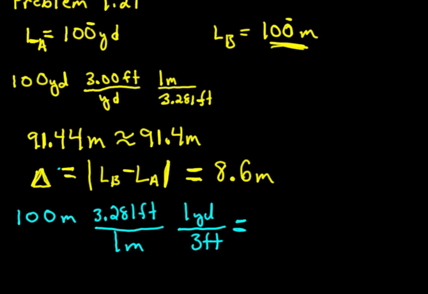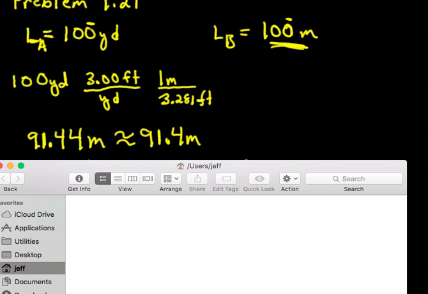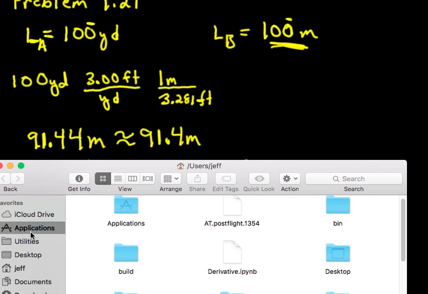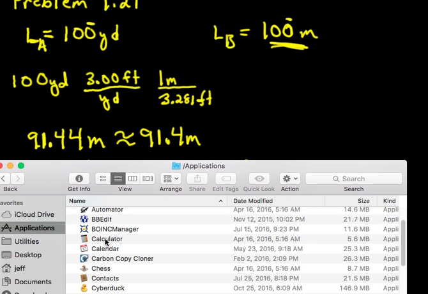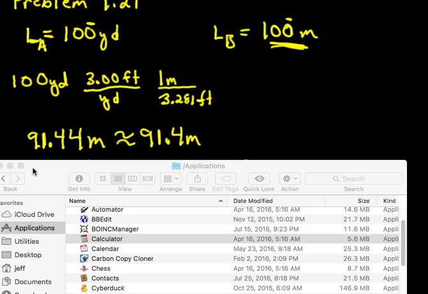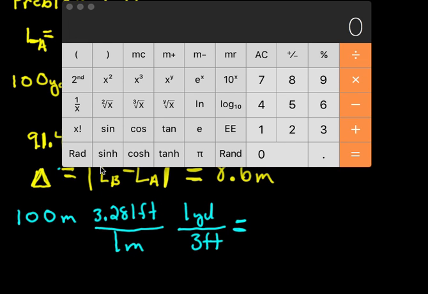And so I'll get my calculator out again, which I think I accidentally shut. I'm really liking to shut this calculator on you guys. I want you to see my wonderful folders here. We'll get this out. There we go.